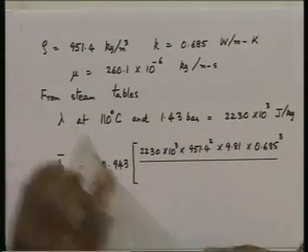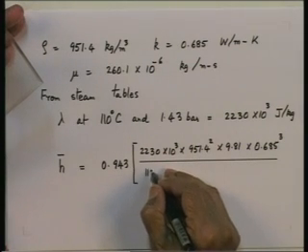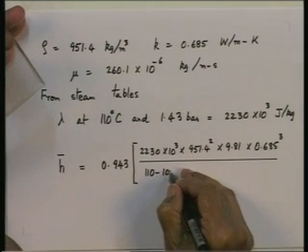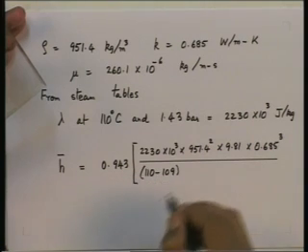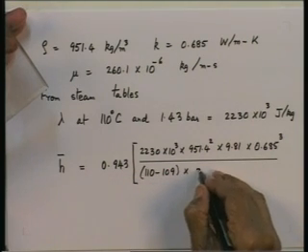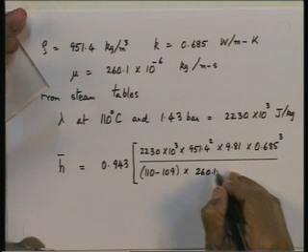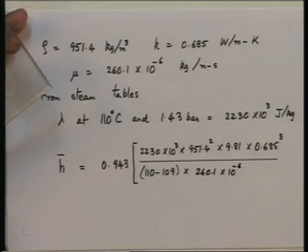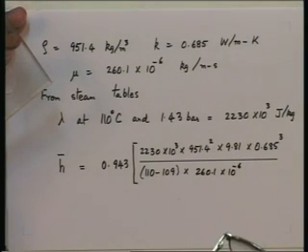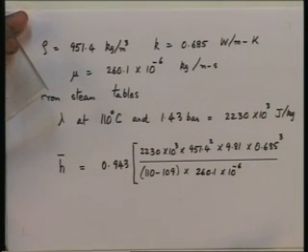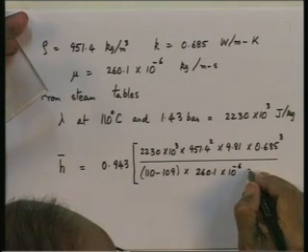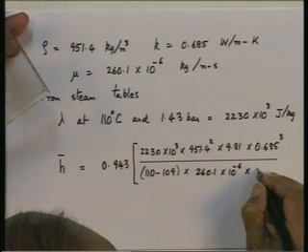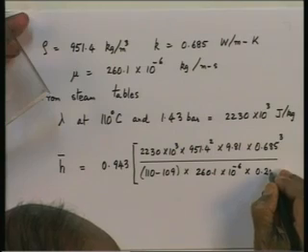T s minus T w, that is 110 minus 109, multiplied by mu 260.1 into 10 to the minus 6 and multiplied by the length of the tube, which is 0.2 meters.